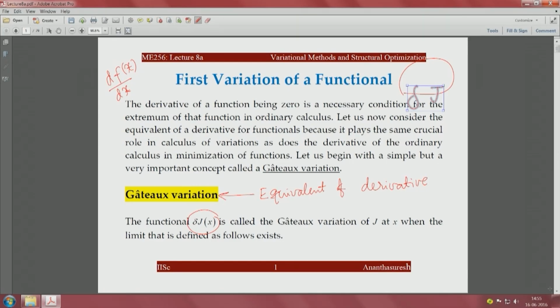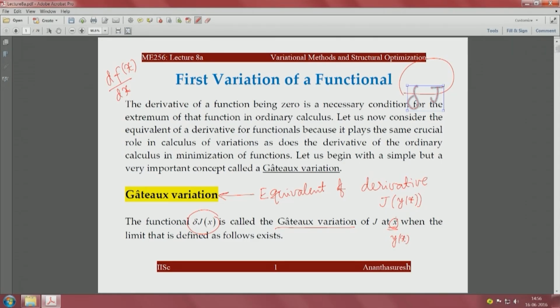Now, what does it say? The Gateaux variation of j at x. When I say x, it is actually a function. Ideally speaking, I should have put j as a function of y of x, in which case it will be at y of x. So, if my functional j is a function of y of x and its derivatives, then delta j at y of x will be the variation of j at y of x. Let us not get confused here.